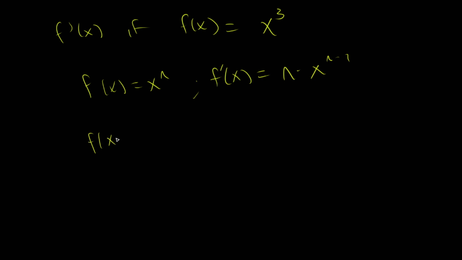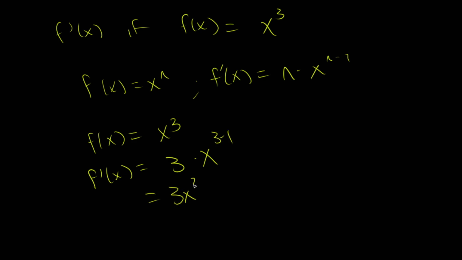So if we have f at x equals x cubed, f prime at x would equal 3 times x to the 3 minus 1, which equals 3x squared, like so.